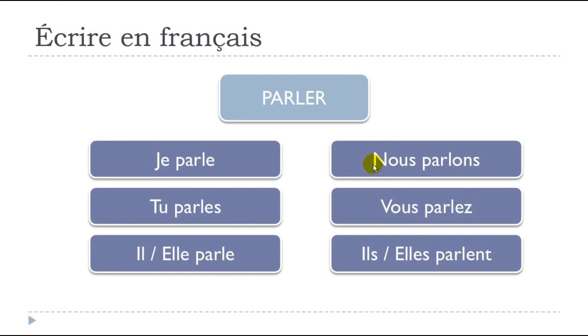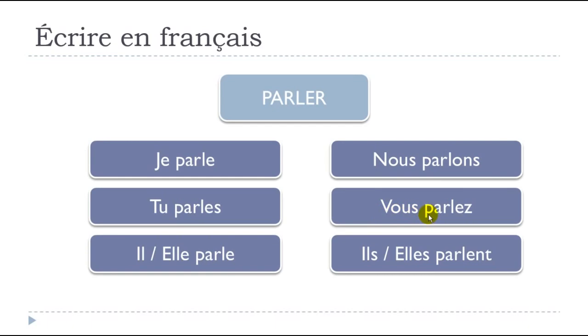Then comes the plural form, nous, so we, okay, and in that case it's nous parlons, vous, you, so it's the plural form, or then we will see a bit later that it can be also for the singular if it's the polite form.